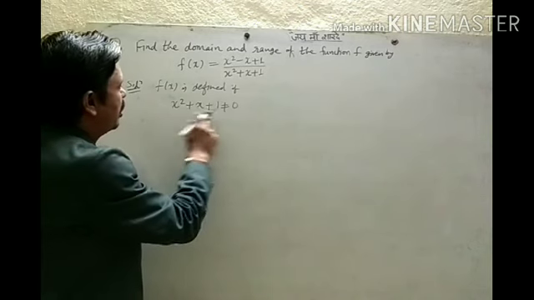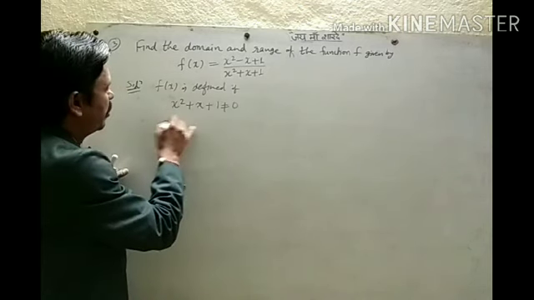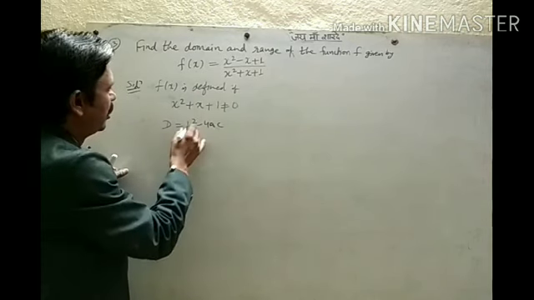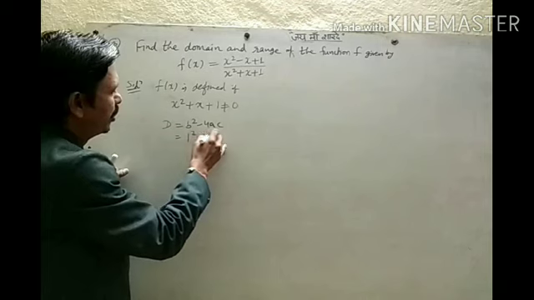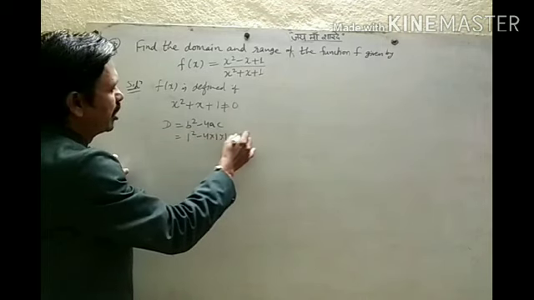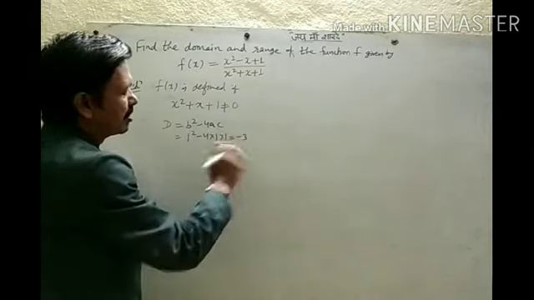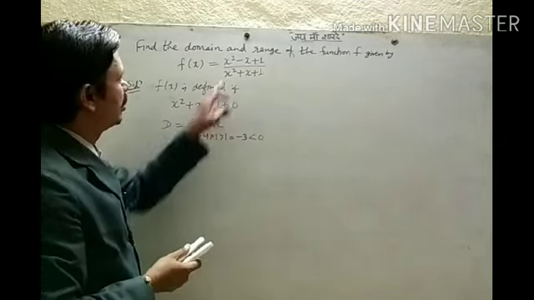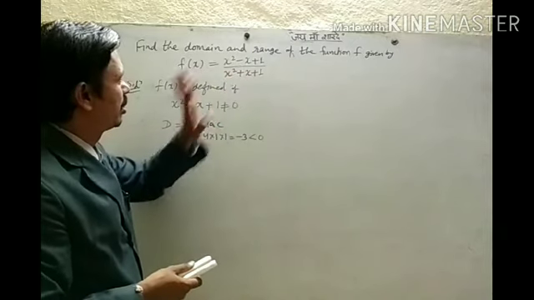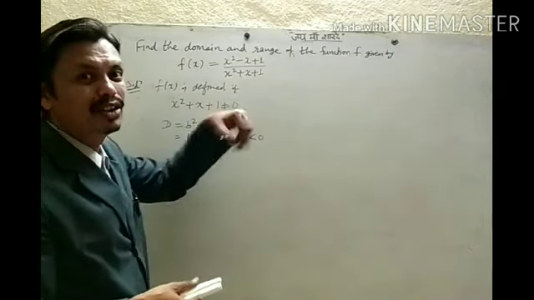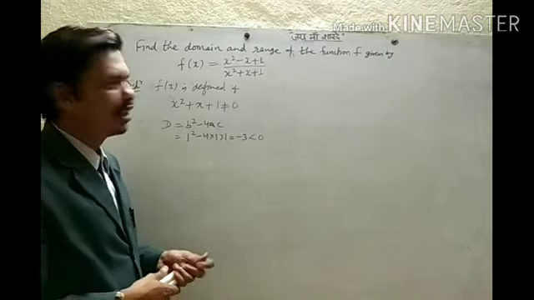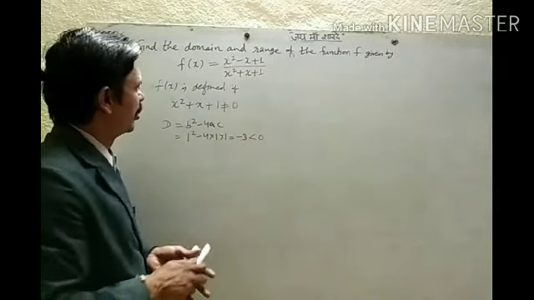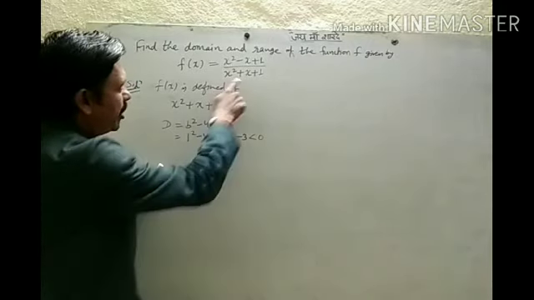If you find its discriminant, which is b square minus 4ac, where b is 1, a is 1, c is 1, we get minus 3, means it is less than 0. It means this polynomial x square plus x plus 1 has non-real zeros. It means it cannot be 0 for any real x.